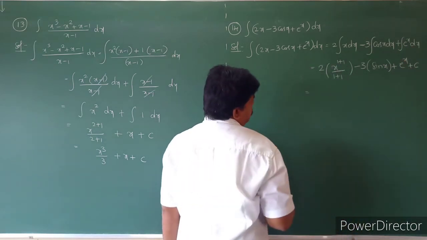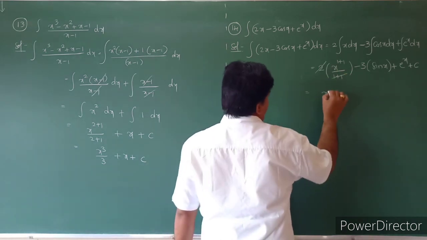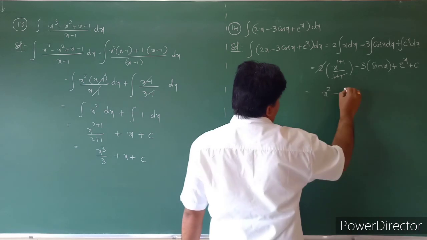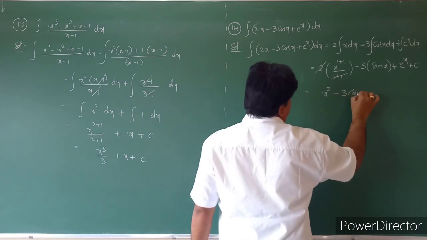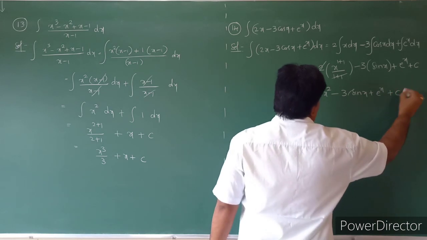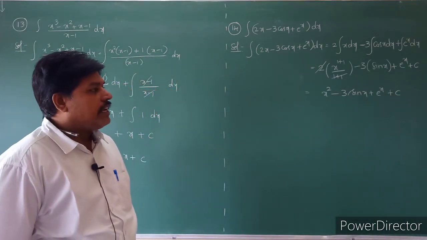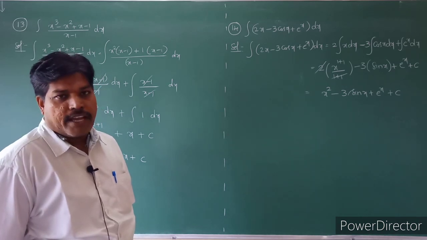So 2 will be cancelled. So what you will get is x square minus 3 into sin x plus e power x plus c. x square minus 3 sin x plus e power x plus c.